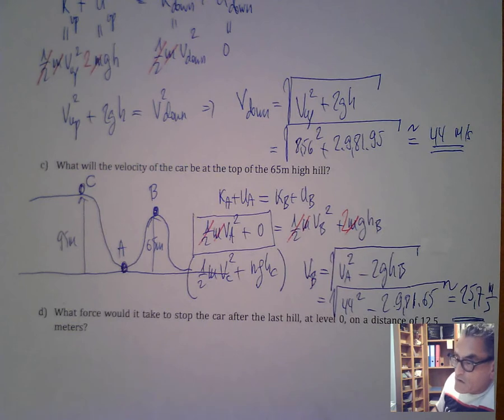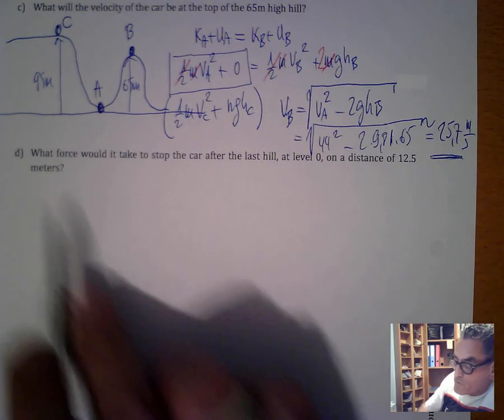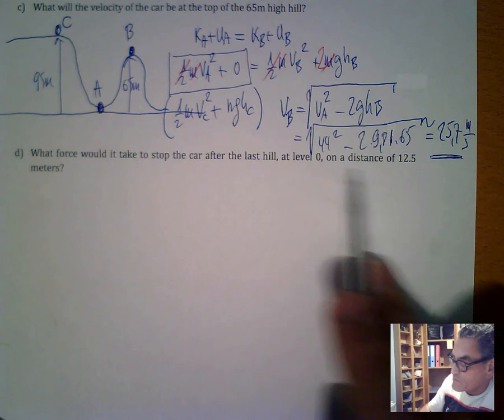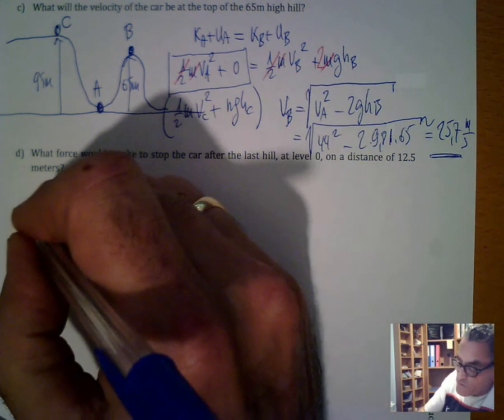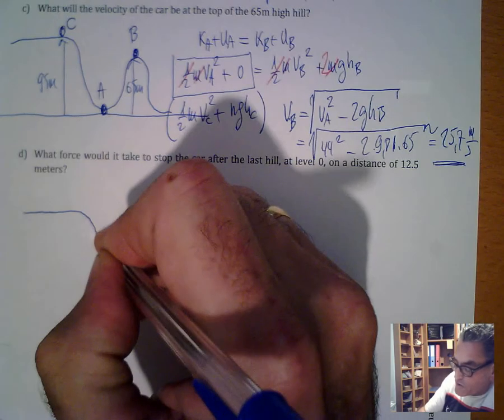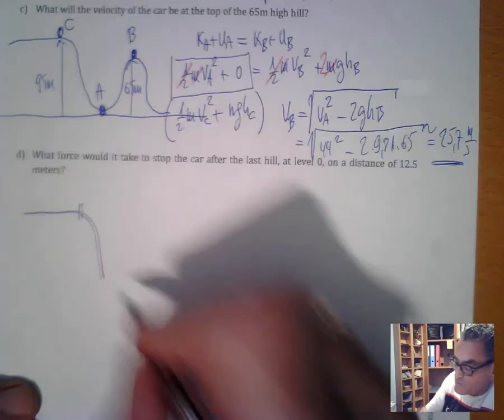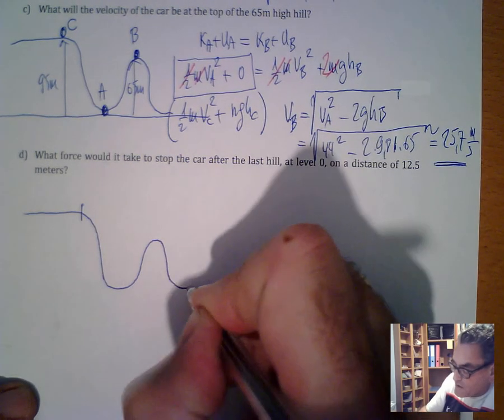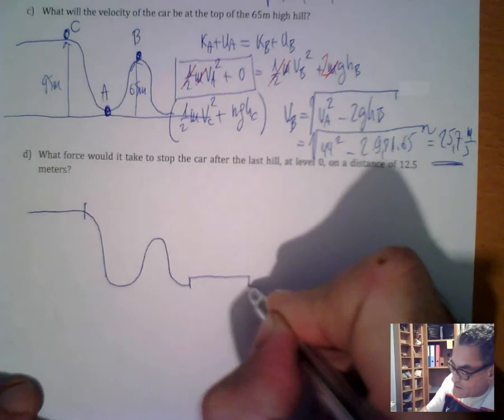Okay, now last question, which is a typical question. What force would it take to stop the car after the last hill at level 0 on a distance of 12.5 meters? So the situation is this: we have the acceleration ramp, then we have the first hole, the first hill, and finally the end.